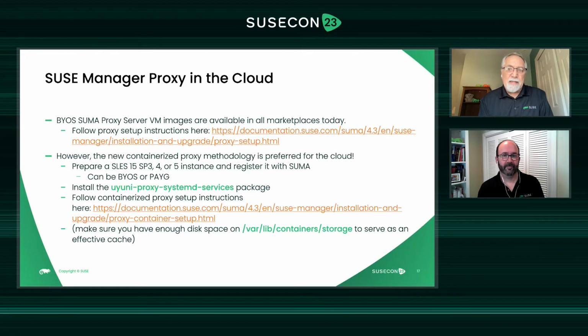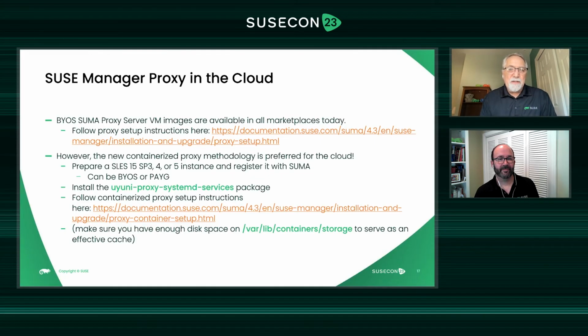And that proxy can be a VM, or with SUSE Manager 4.3, we introduced a containerized proxy method, and we really recommend that you do that for the cloud. That is going to be the only offering for the new pay-as-you-go SUMA.